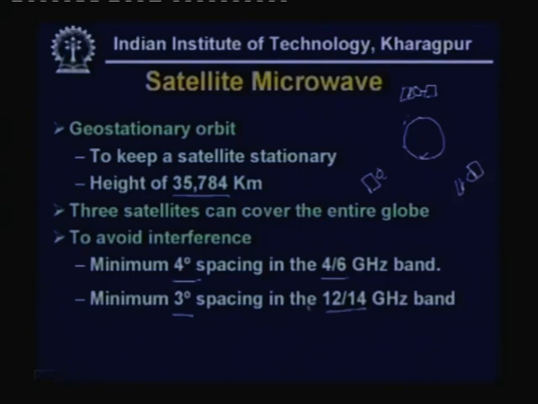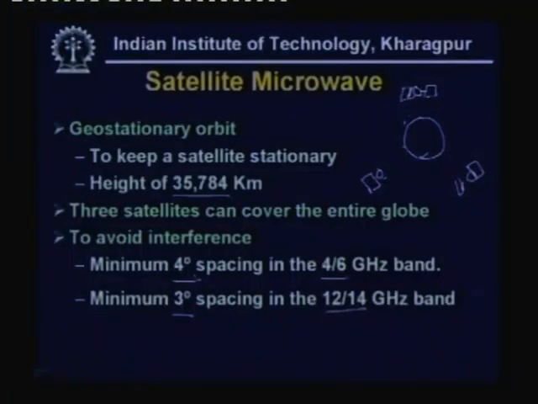So the number of satellites is restricted because of this minimum spacing required, so that there is no interference between the signals generated by 2 satellites, because they are using these common frequency bands, 4/6 gigahertz frequency band or 12/14 gigahertz frequency band.